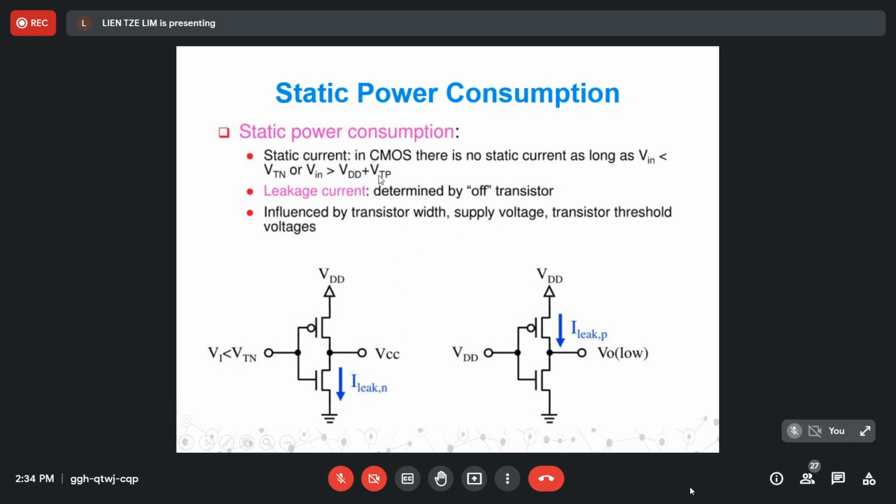There is no static current as long as Vin is below the threshold voltage.